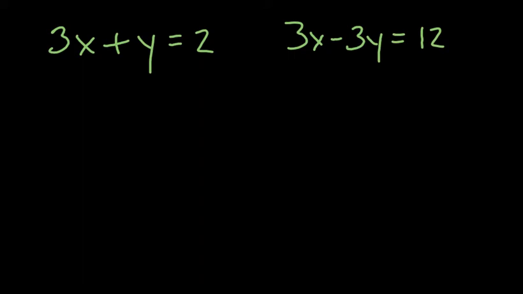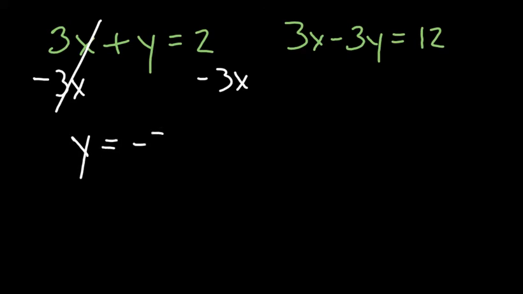So, on the first one, we're going to do minus 3x because we want y by itself. That cancels, that leaves y equals, arrange it into slope-intercept form, and there you go. The slope is -3, the y-intercept is 2.